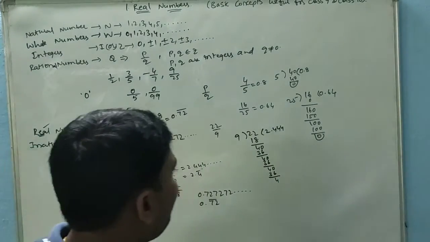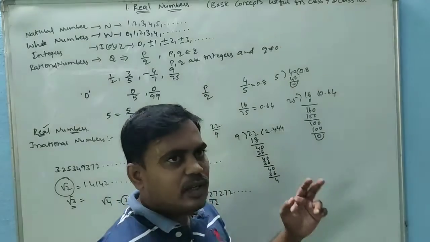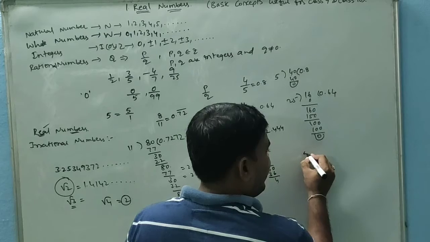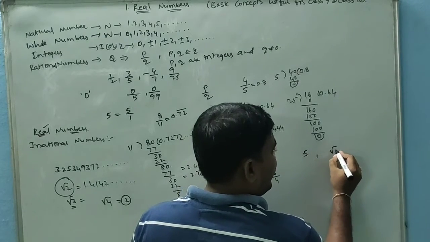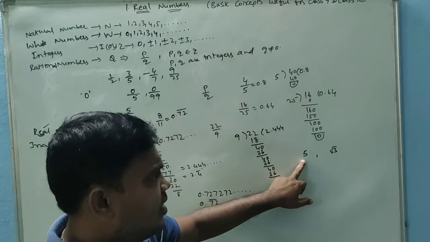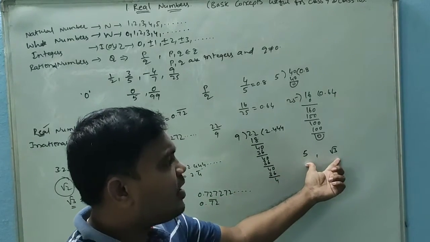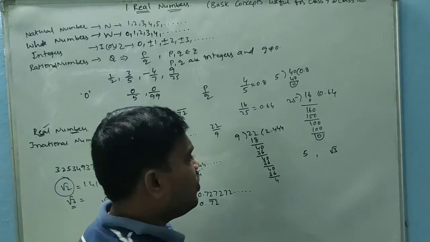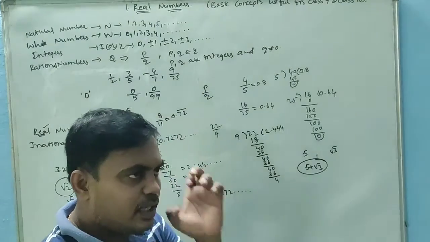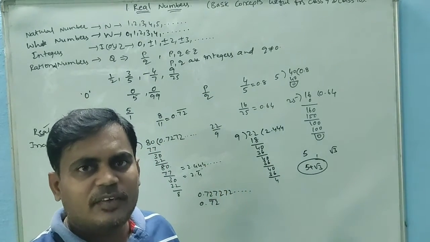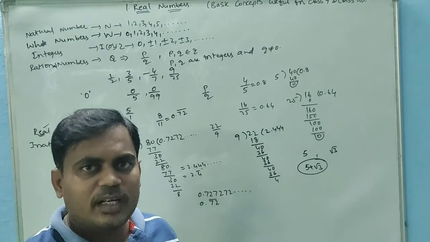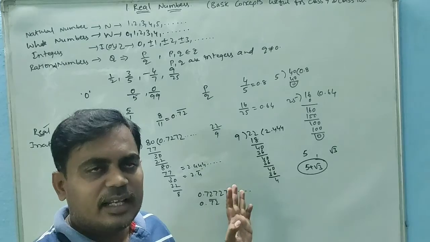Next, if we take the sum of any two rational numbers, we get a rational number. Now the sum of any two real numbers: 5 is a real number, root 3 is also a real number. 5 is rational, root 3 is irrational, but both are real numbers. If we add these two, 5 plus root 3 is also a real number. Adding any two real numbers, we get a real number again. Multiplying any two real numbers, we also get a real number again.